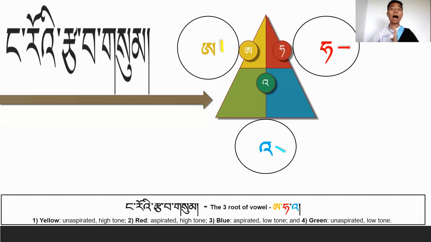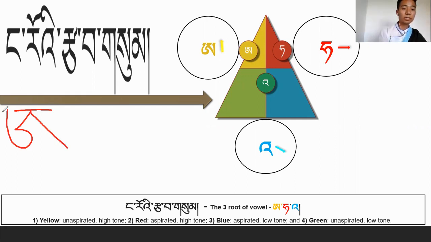I will show you how to write it. First, the head. Then it takes four steps: second you write like this, third you draw like this, then the fourth step like this. So this is ah, the high tone.